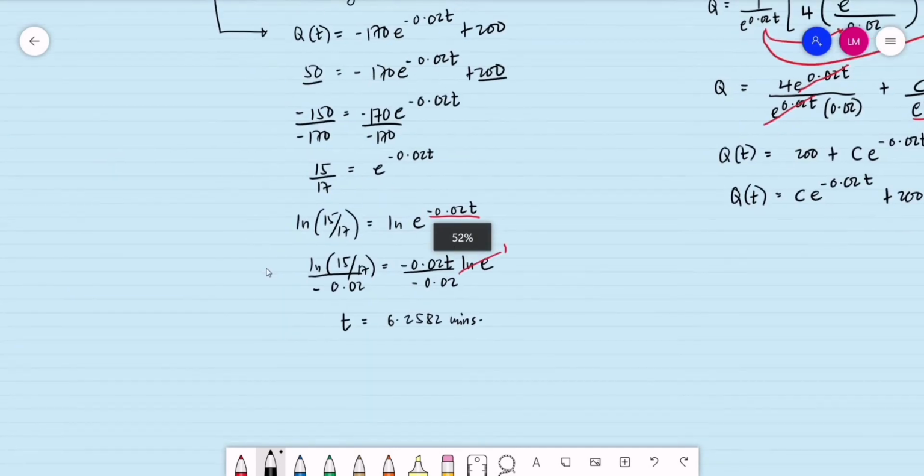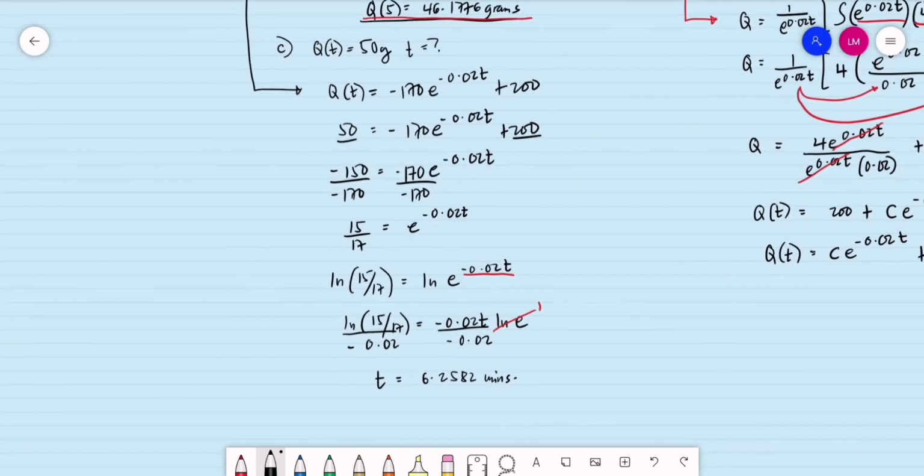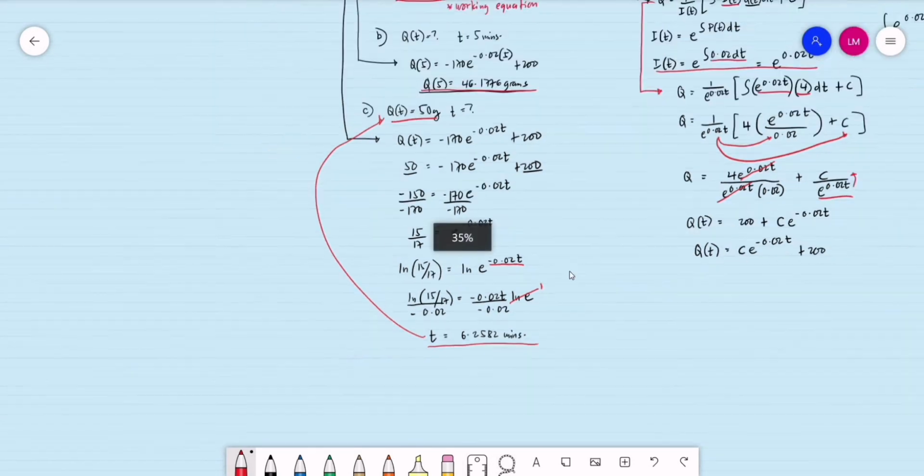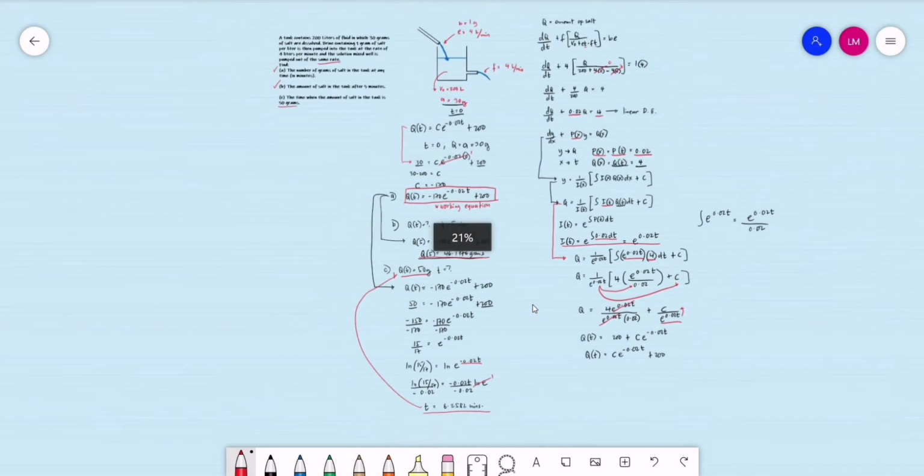Okay, so for letter C, it will take 6.2582 minutes before the amount of salt in the tank will be equal to 50 grams. So this will be our solution for this example.